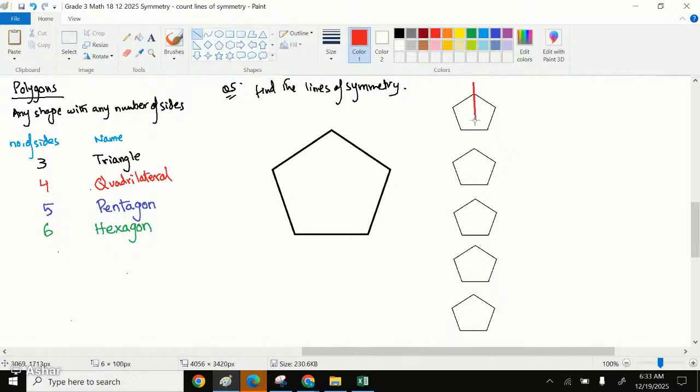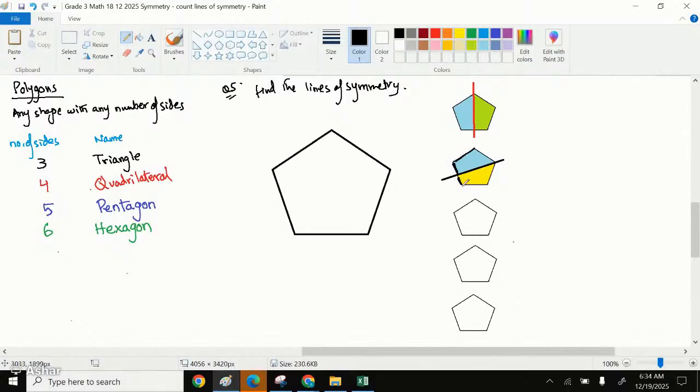Okay, so we see the line of symmetry. Let's suppose I bisect the shape like this from the center, that means the shape on the left side is equal to the shape on the right side. That means one line of symmetry is there. But if I bisect from the other point, the second point, we can still say this is a symmetrical shape, because what we can see over here is this was half, this is half.